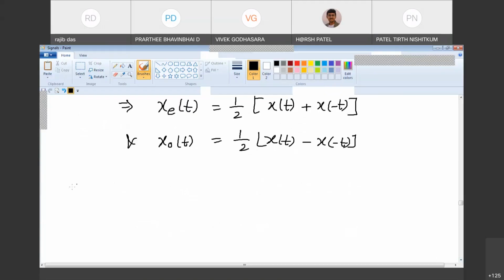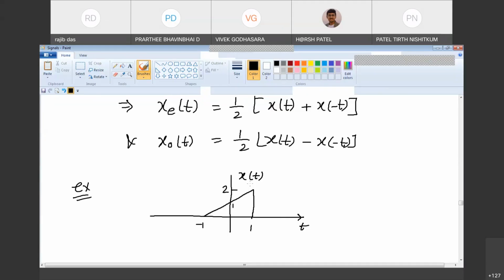Now I'll take one example. Suppose my signal is like this. It is -1, it's +1, and this is at 2, this is 1. Okay, the time t, this is your x(t). Now can you find its even component and odd component?